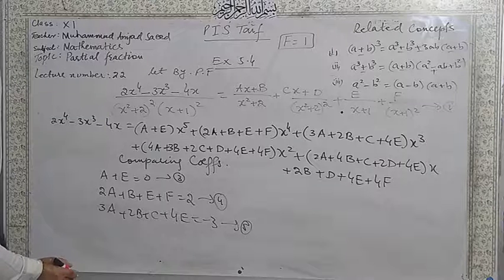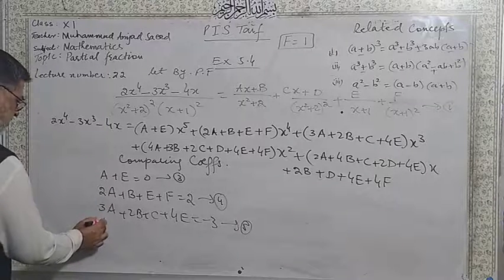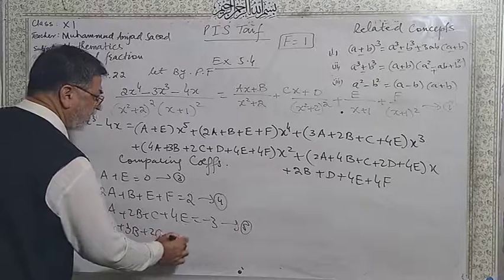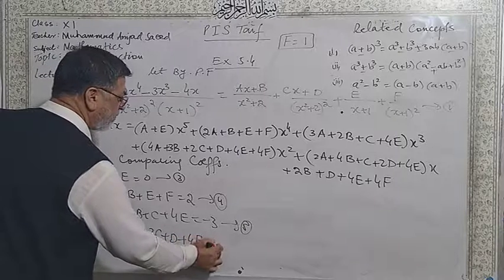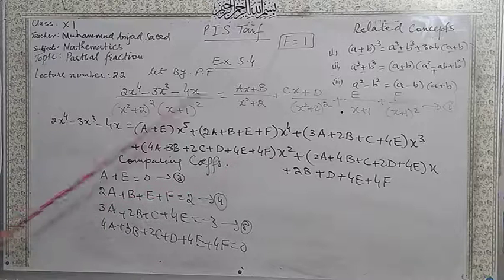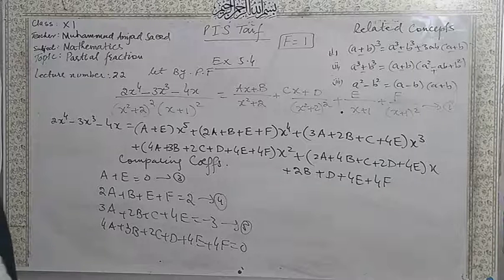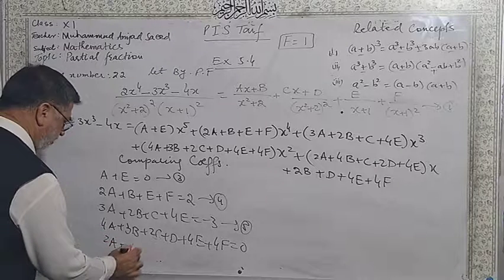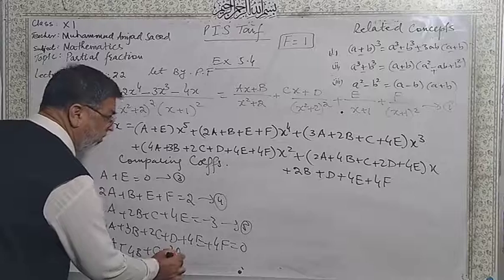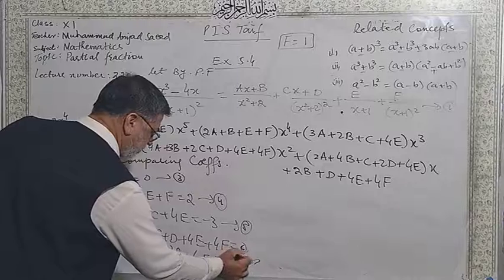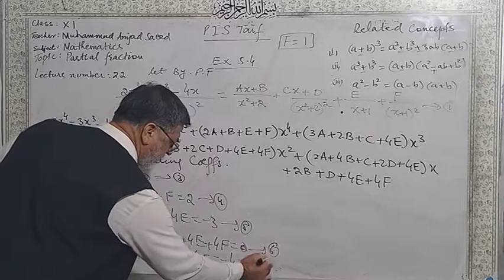And after that, the x square term: 4a plus 3b plus 2c plus d plus 4e plus 4f is equal to 0, because the x square term is missing, so its coefficient is 0. After that, 2a plus 4b plus c plus 2d plus 4e is equal to minus 4. This is equation number 6 and that was 7.